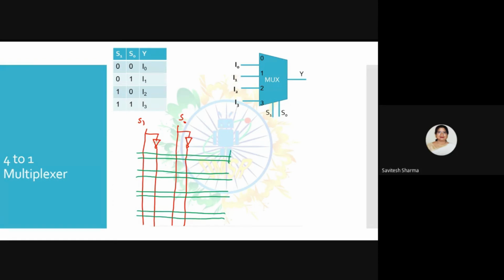The 4 gates are there. If you draw like this, you will never make a mistake. If you have a colored pen, please use the colored pen. So things will be clear to you.